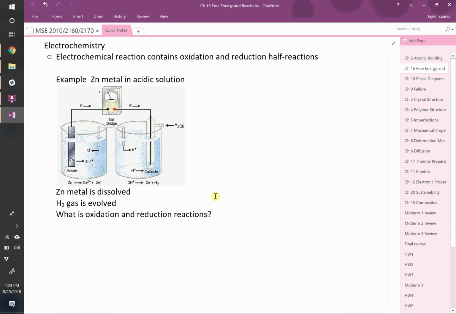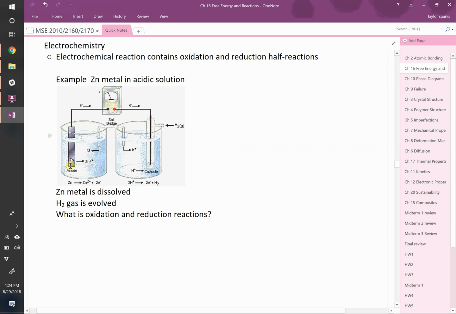So take, for example, this one. In this picture, you have a zinc anode. We'll talk about anodes and cathodes in a minute. On this side, you've got a hydrogen cathode. There's an equilibrium between zinc dissolving and zinc ions replating. Some of them dissolve, some rejoin.